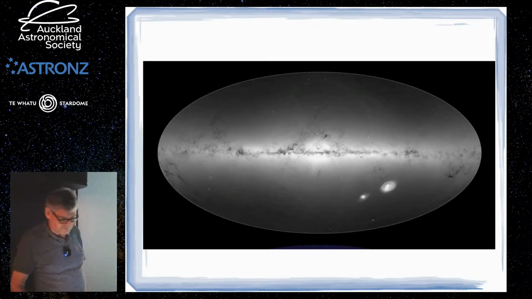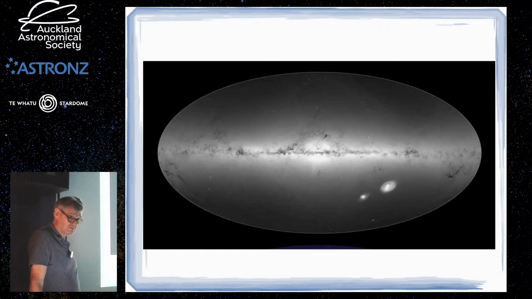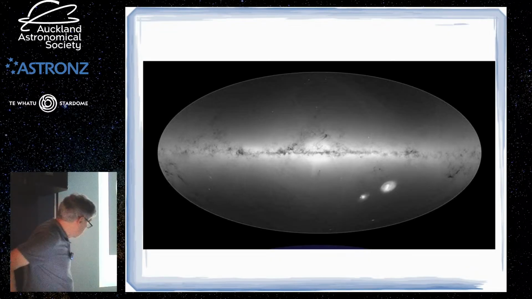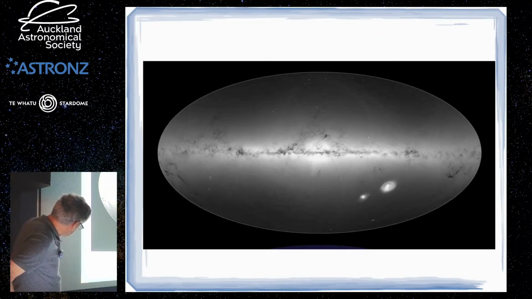The catalogue's freely available, by the way. It's quite big. You can download it for most planetarium programs, the ones that allow you to download specific catalogues anyway. What this image is here, you think, oh, is that a picture of the Milky Way? It's not actually a picture. What somebody has done is taken every star in the Gaia catalogue and plotted it.